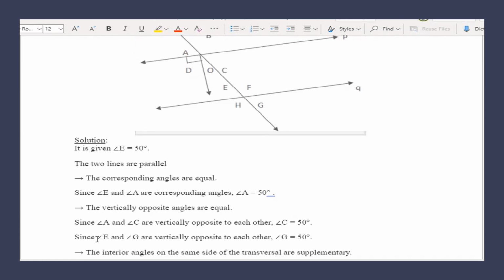And then since angle E and angle G are vertically opposite to each other, then G is 50. So we have E being 50, A being 50, C being 50, and G being 50. All of that we have calculated.